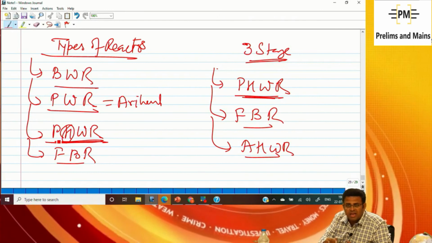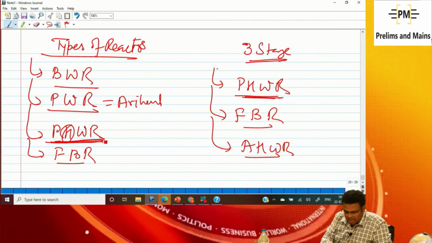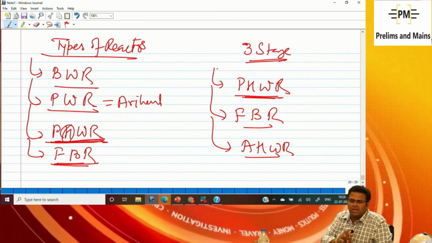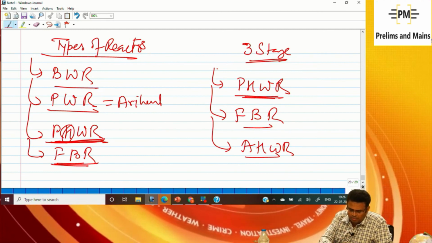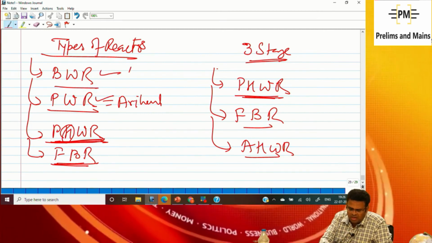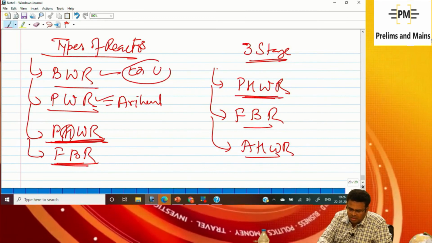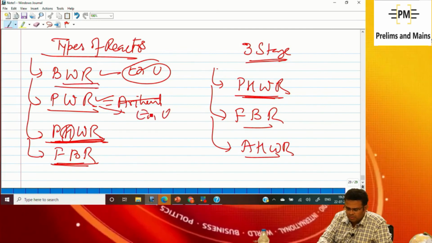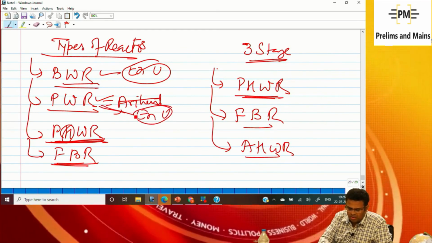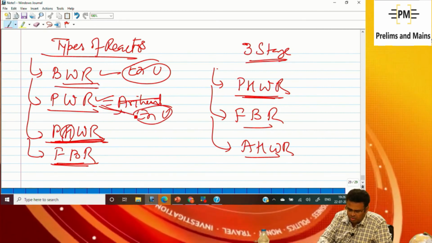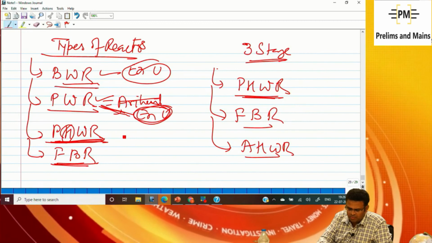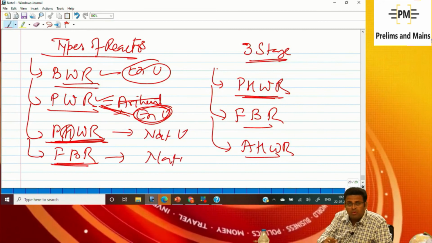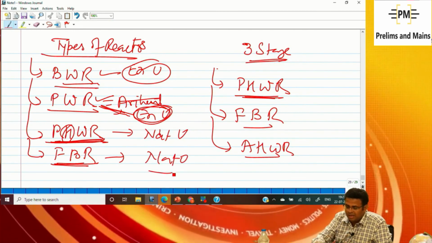In the boiling water reactor and pressurized water reactor I need enriched uranium. In the pressurized heavy water reactor and fast breeder reactor, natural uranium. Because you are understanding, India is using this.